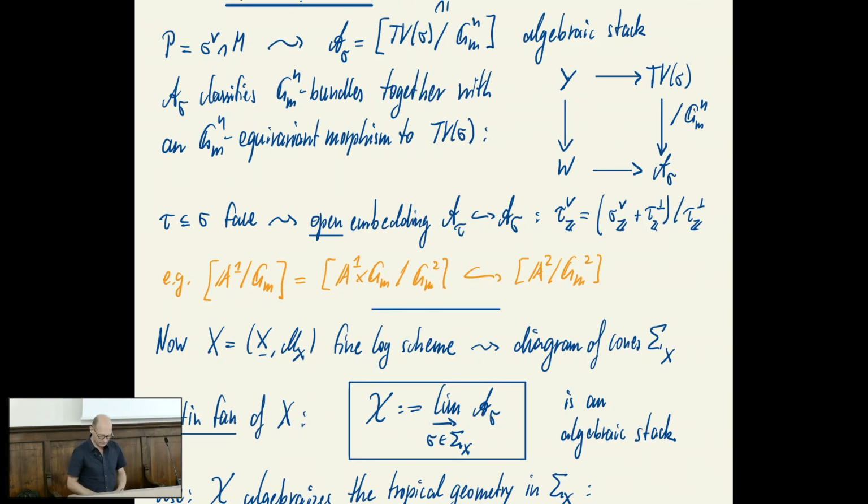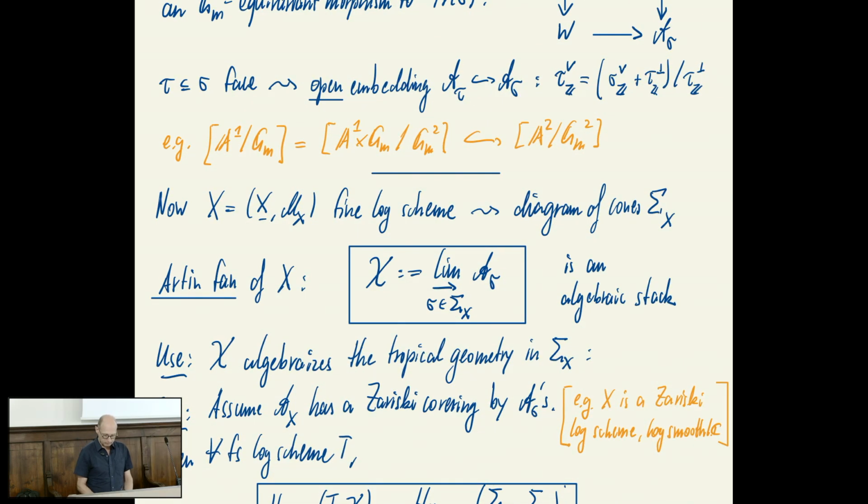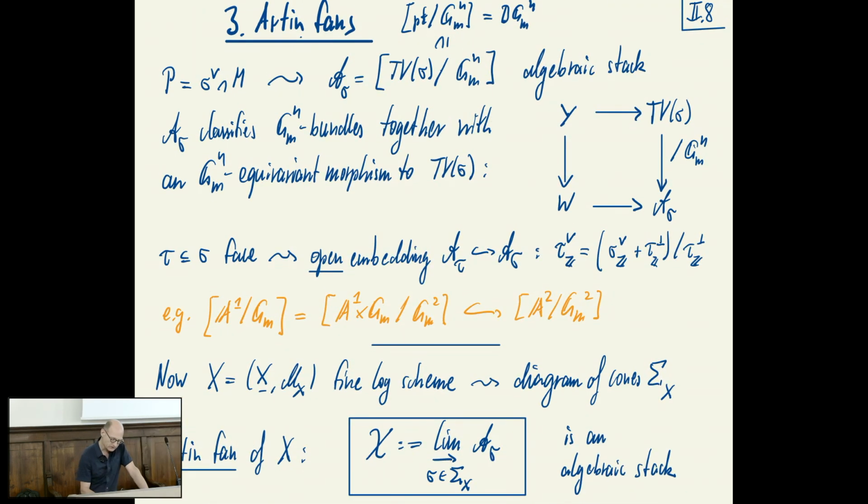Then there's this notion of an Artin fan coming with any log scheme, and it's given by gluing these Artin stacks that I get as a quotient of an affine toric variety by the maximal torus. So these are the stacks A sigma.